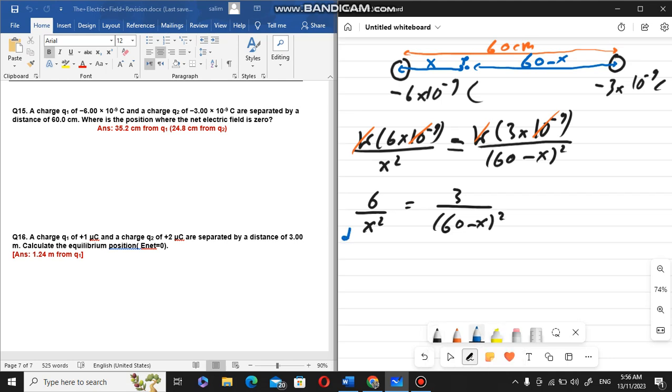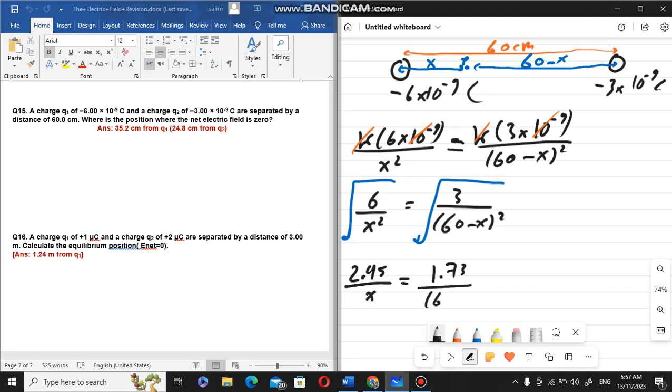Now take square root for both sides. So we have a square root of 6. Let's calculate it, which is 2.45. So 2.45 over x is equal to 1.73, which is the radical 3, over 60 minus x.